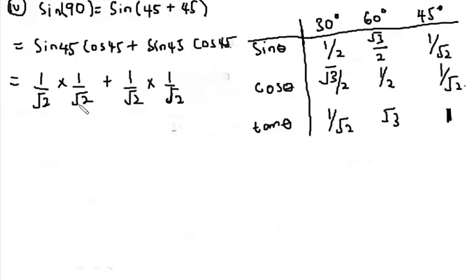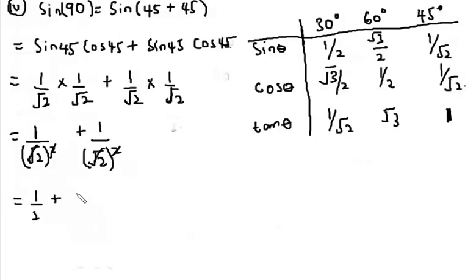Okay, so we're going to be multiplying the numerators to each other. So this would look like 1, denominators to each other, root 2 times root 2 is root 2 squared, plus 1 times 1 is 1, divided by root 2 times root 2 is root 2 squared. Okay, so we know that square can cancel out square root, so we have 1/2 plus 1/2.